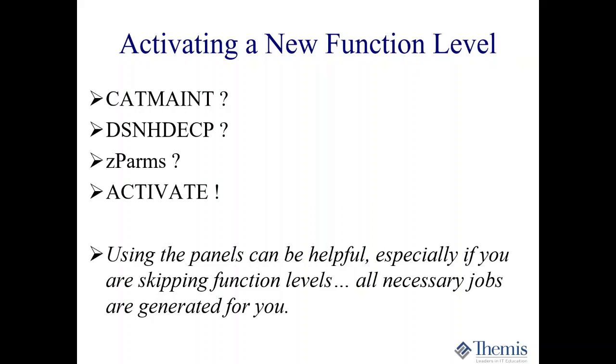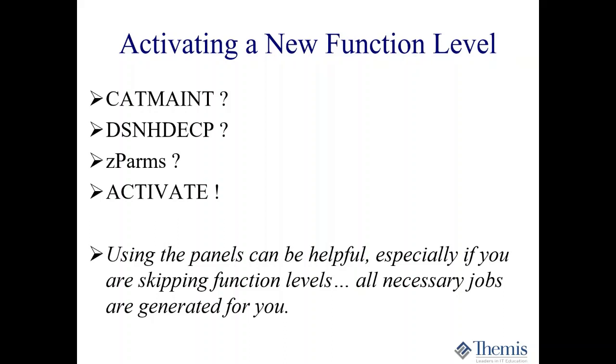Using the panels is particularly helpful if you're skipping function levels. So let's say I'm at M500 today, and I want to go all the way to M504. Right? I don't want to activate these things one at a time, which is a good question that I still am having conversations with folks at IBM about, what their recommendations for this are.